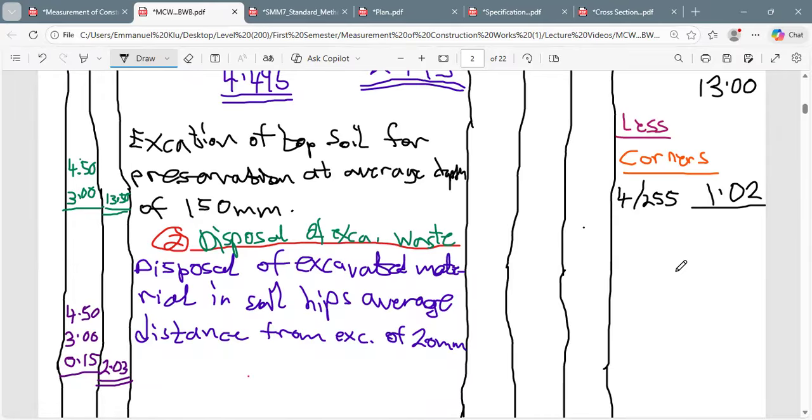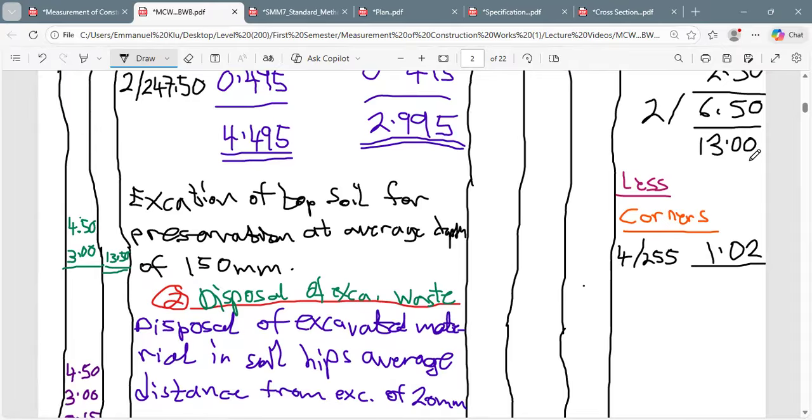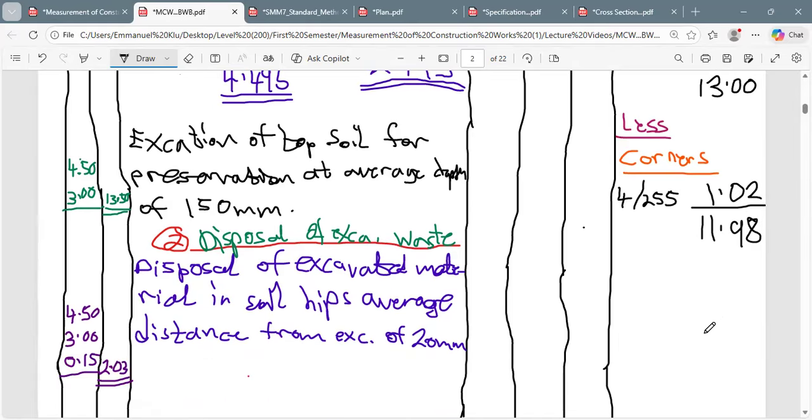And 1.02 at the end of the day, if you subtract it from this 13.00, you are going to get 11.98. You're going to get 11.98.